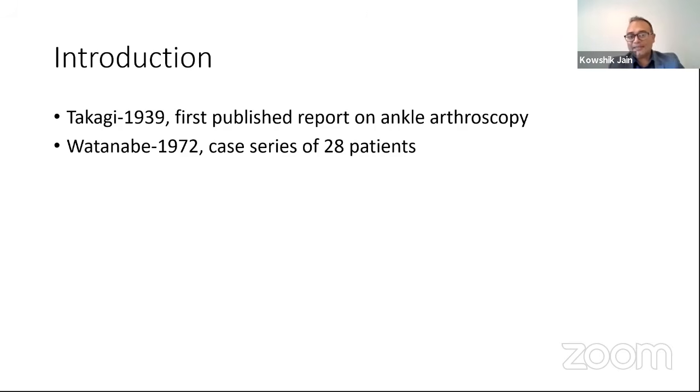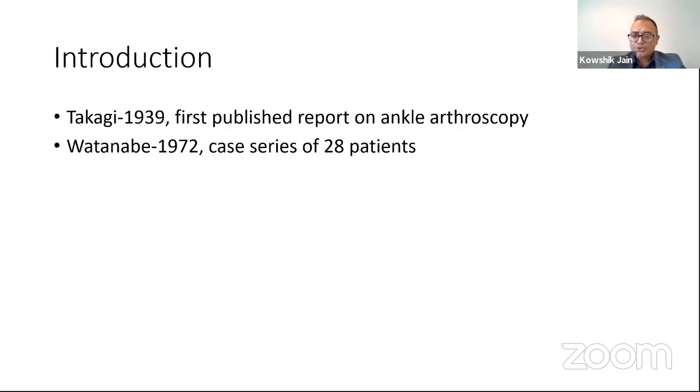In 1939, he published a report on ankle arthroscopy. But one of the most significant developments was Watanabe's paper in 1972, where he published results on 28 patients. It was the biggest series at that time, and he gave technique and performed anterior and posterior ankle arthroscopies on these patients.